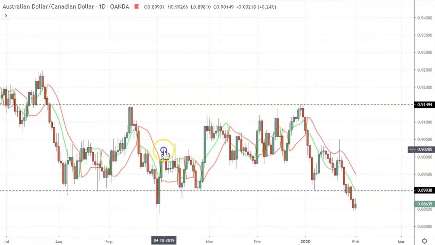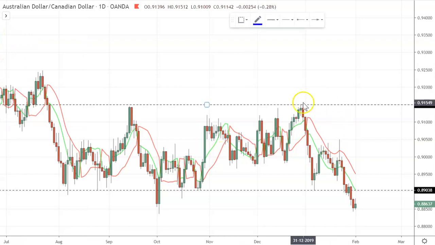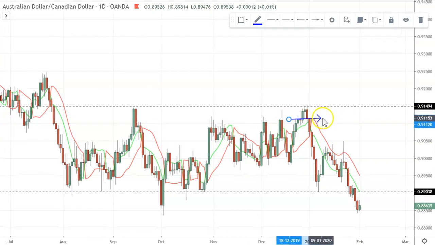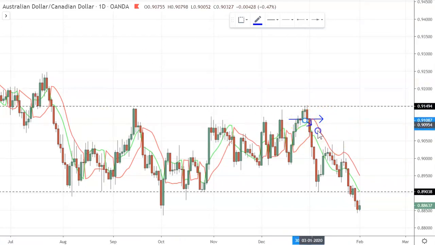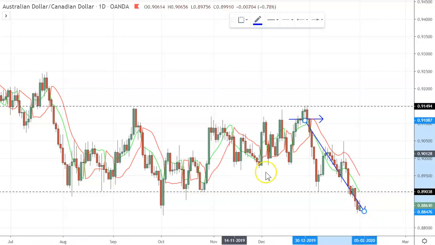You can see the significant areas here on the Aussie CAD. You've seen a move down and it has been a good one. There's the entry. Wow. And there's the move down over the last couple of weeks. What we have now is a bottom.